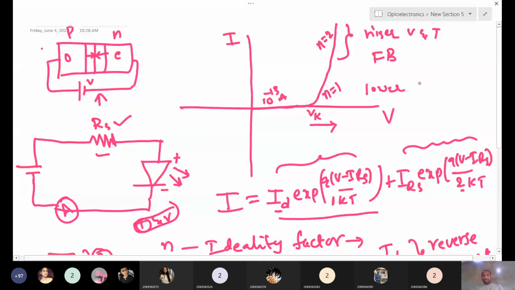Depending on this curve, we can predict how our device is performing and what parameters are influencing its performance. That is why we always measure the IV characteristics.